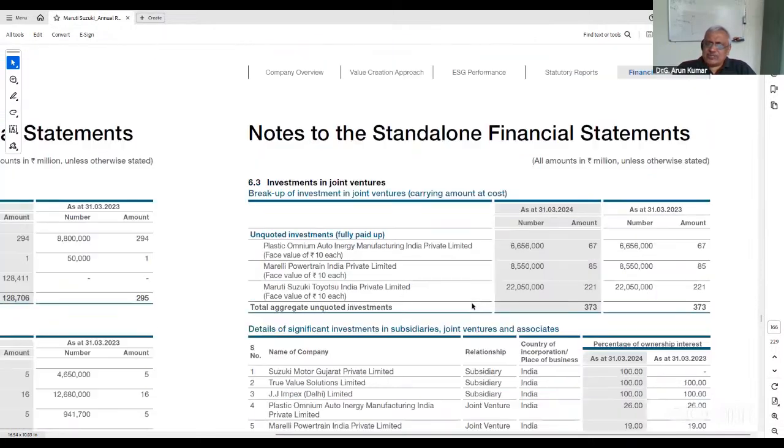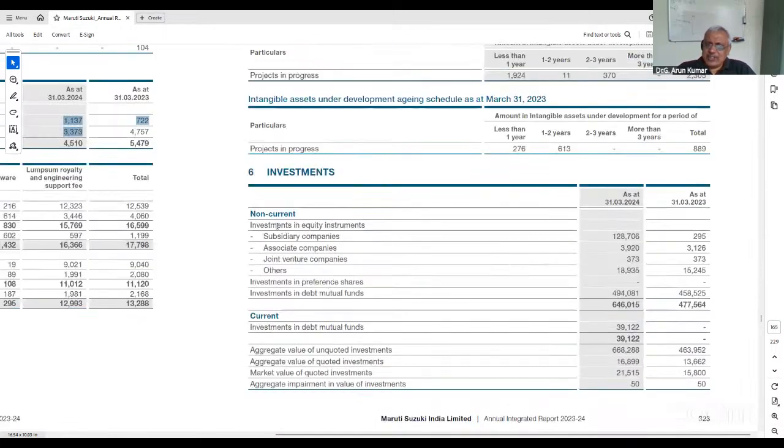When we look at investments, again, investments are classified into non-current investments and current investments. What is current investment and non-current investment? Current investments are those investments which can be encashed within a year, which can be encashed quickly. And there are non-current investments.